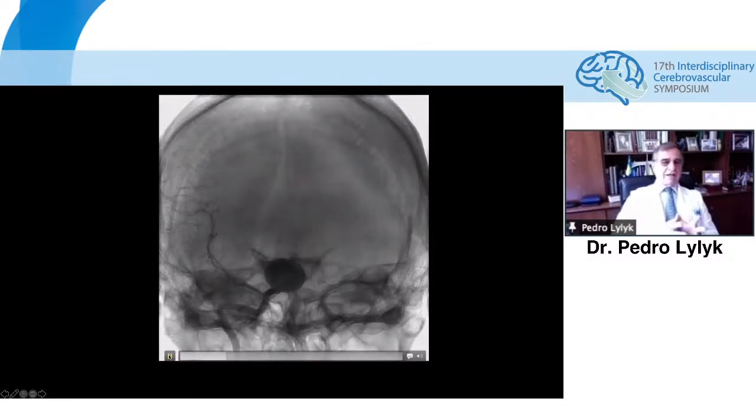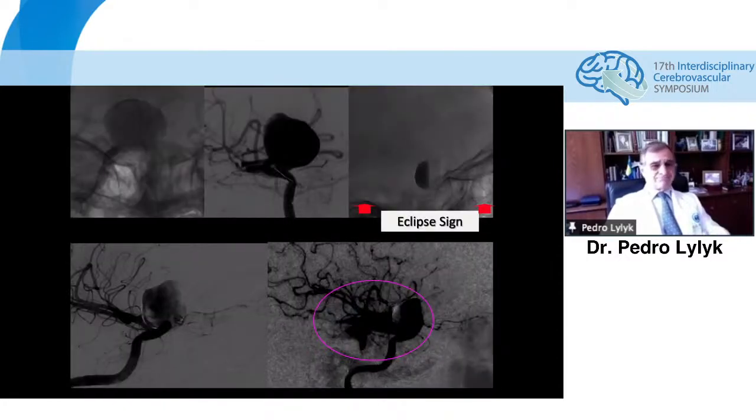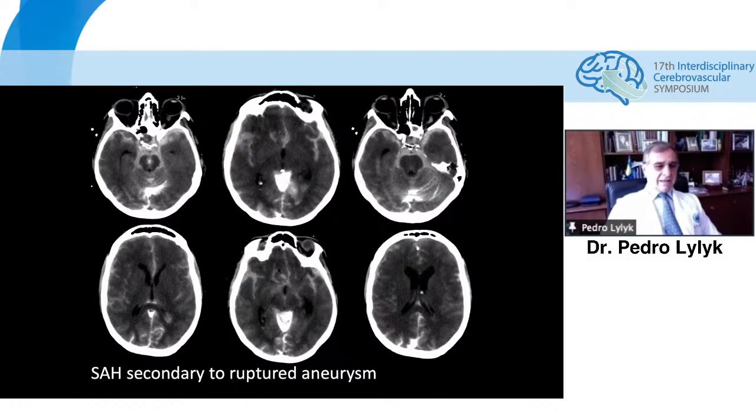I said, okay, let's do a last run, and during the last run, you see the bleeding on the AP view, and also you will see the bleeding on lateral. So that was really a problem. Our first case ended up with a ranking of 6.